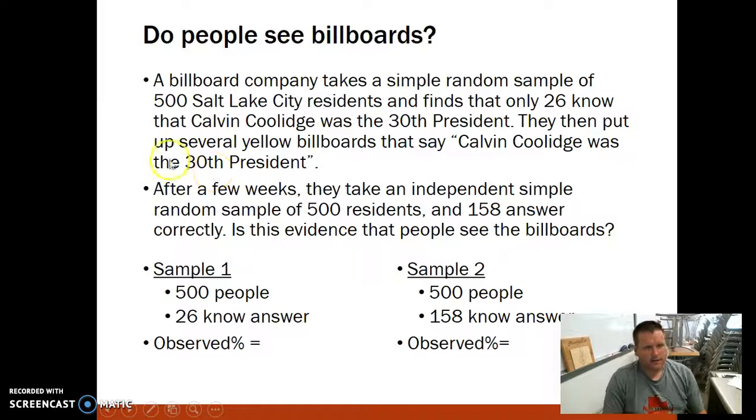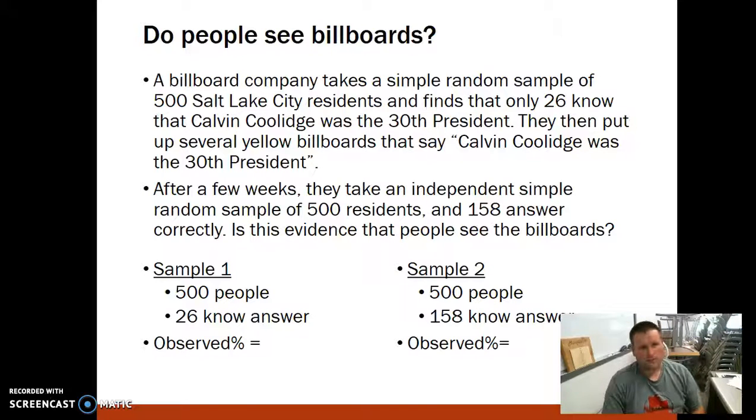So a good way to think about this, the question is, do you see billboards? If a billboard company, and hopefully you guys understand what we mean by two sample tests, takes a simple random sample of 500 Salt Lake City residents and finds that only 26 know that Calvin Coolidge was the 30th president.